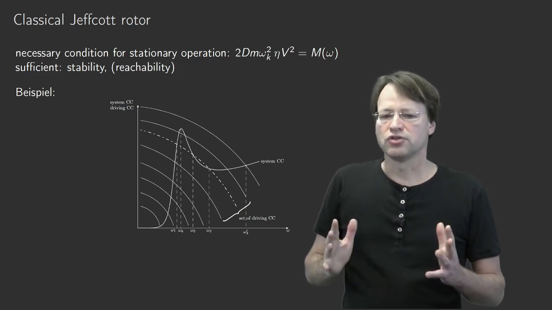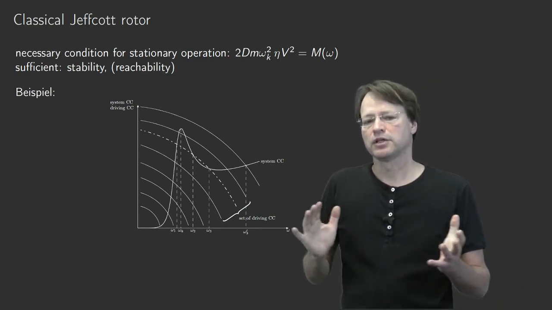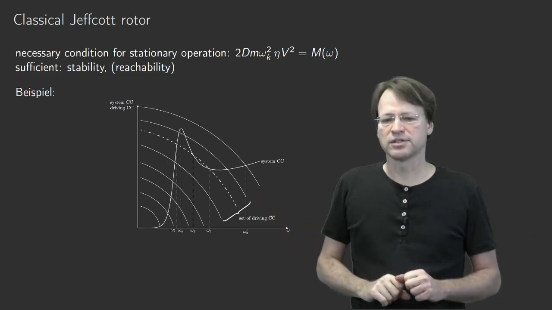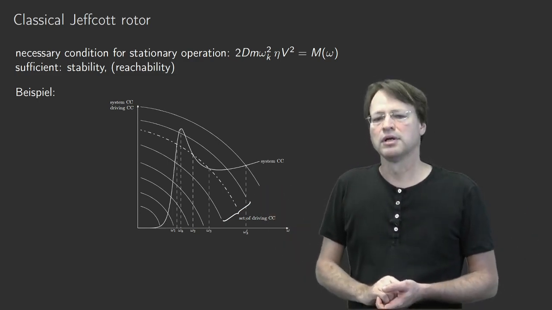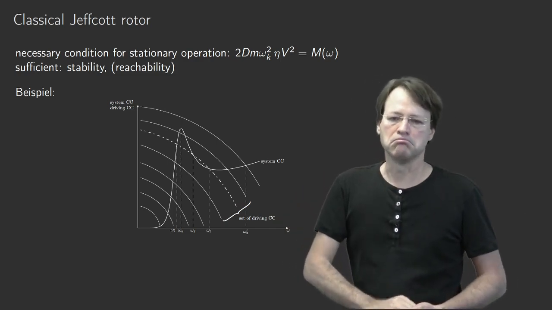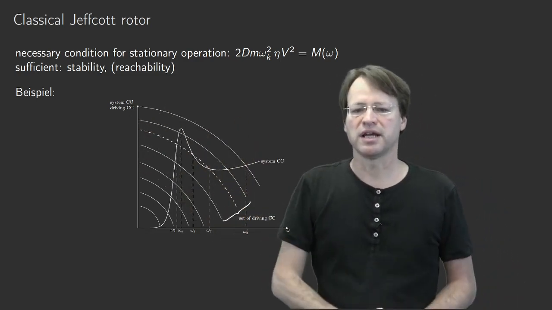First of all, let's assume that the operation starts at rest. So your rotor system is at rest. The rotational velocity is 0. And suddenly you switch on that engine and the driving torque is there.